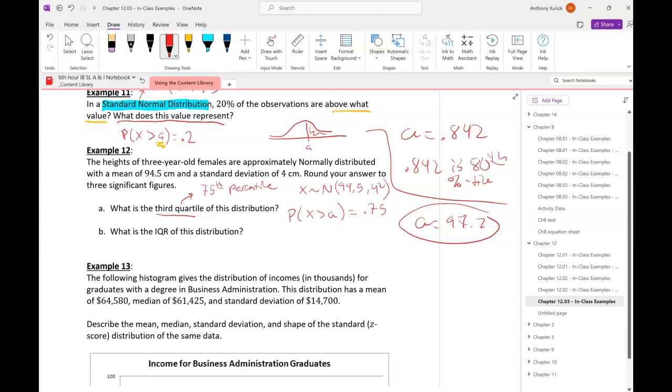Diego, what's the IQR for this distribution? How do we calculate IQR again? Q3 minus Q1, right? We know Q3 from the previous problem. You just need to find Q1 and then do a little bit of subtraction.